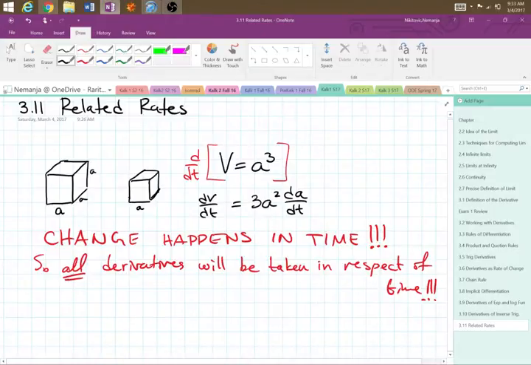So we took the derivative with respect to time. Volume is changing, so it's a variable. Side A is changing, so it's a variable. And when we take the derivative of those, since t and V and t and A are not the same variable, we have to follow with these chains, dV/dt and dA/dt.